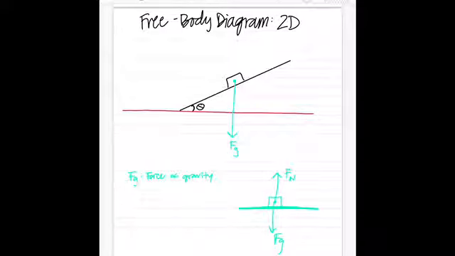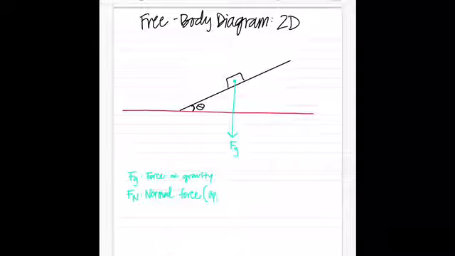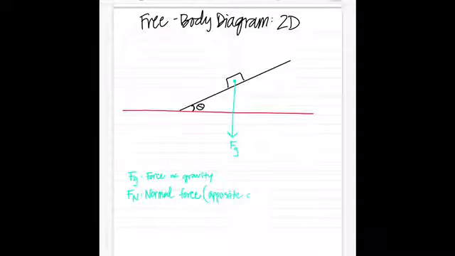Normal force is actually opposite of the surface. I know I said that if you're touching a surface, you have normal force, so normal force depends upon your surface. This is going to be normal force. So normal force is opposite of your surface.